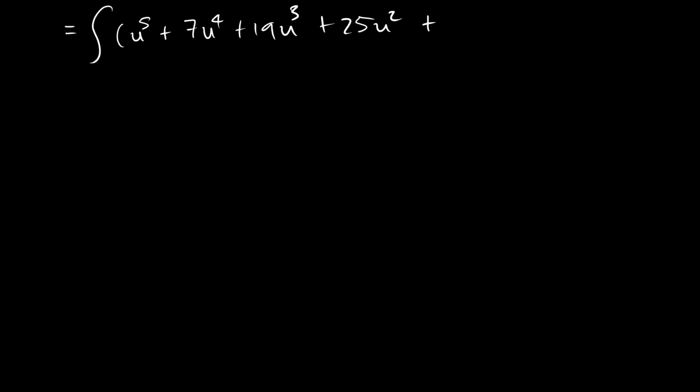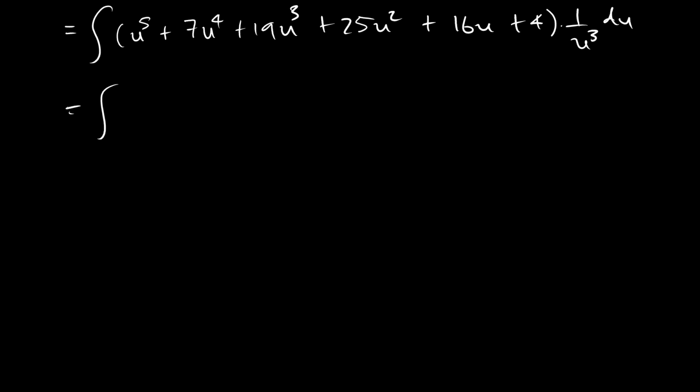So let's just begin by rewriting what we were able to come down to. We have u to the 5 plus 7u to the 4 plus 19u to the 3 plus 25u squared plus 16u plus 4, all over u to the 3.